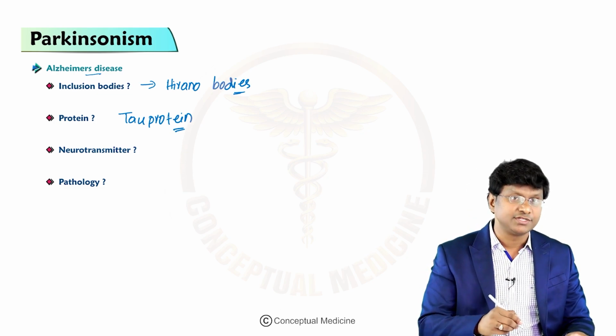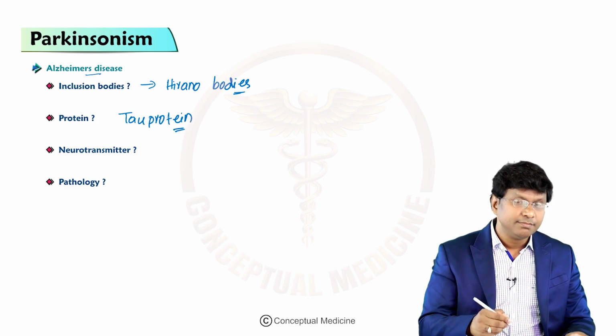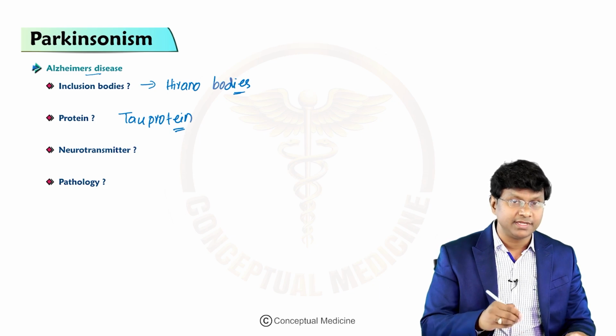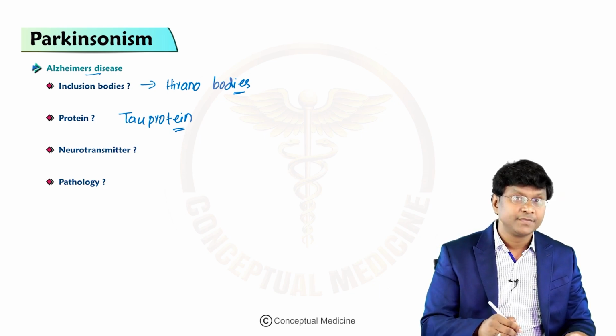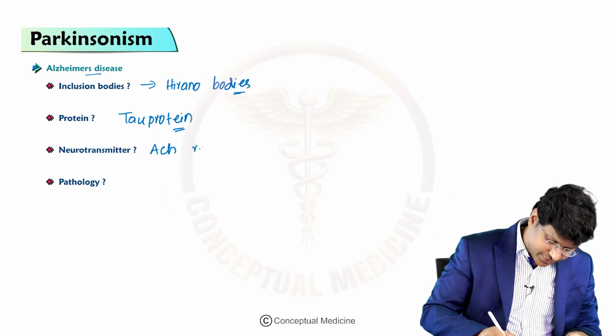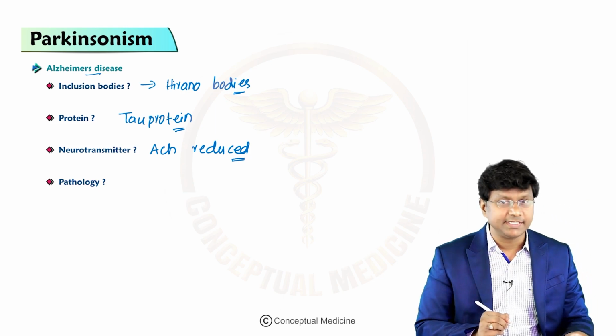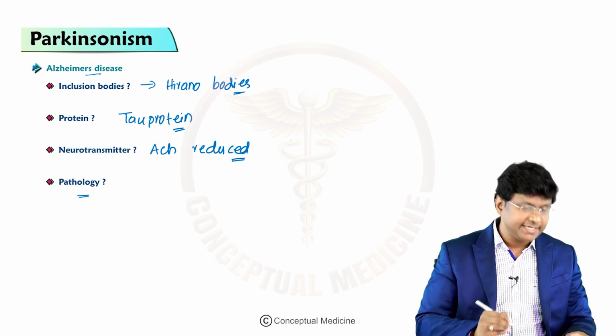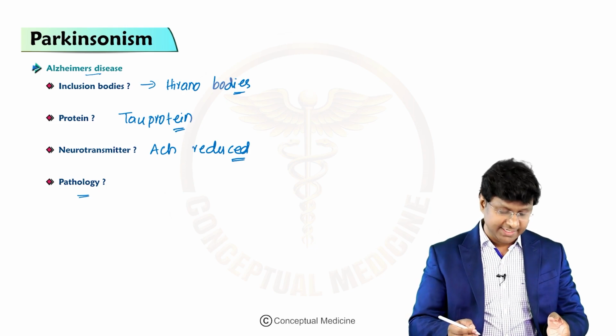The neurotransmitter that will be reduced because of the accumulation of tau protein in Alzheimer's disease is acetylcholine. Right, acetylcholine is reduced. And where exactly is the pathology in Alzheimer's?